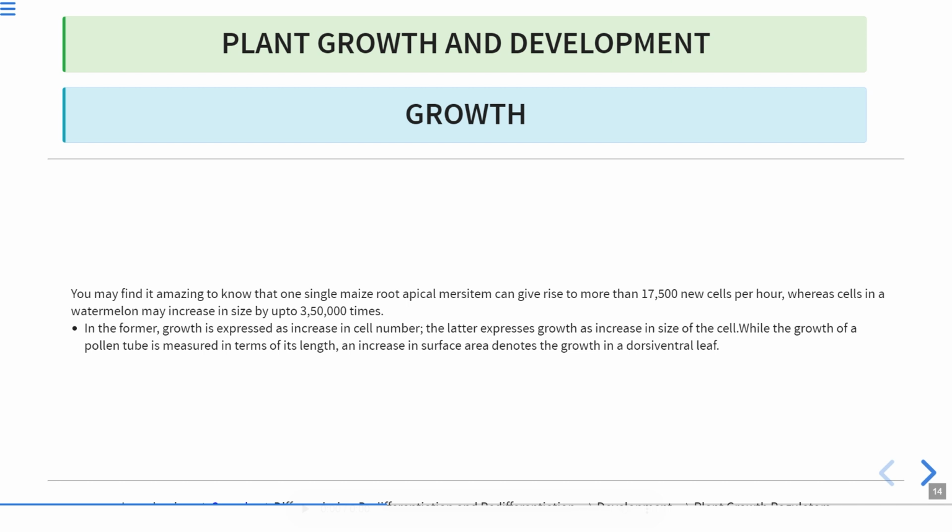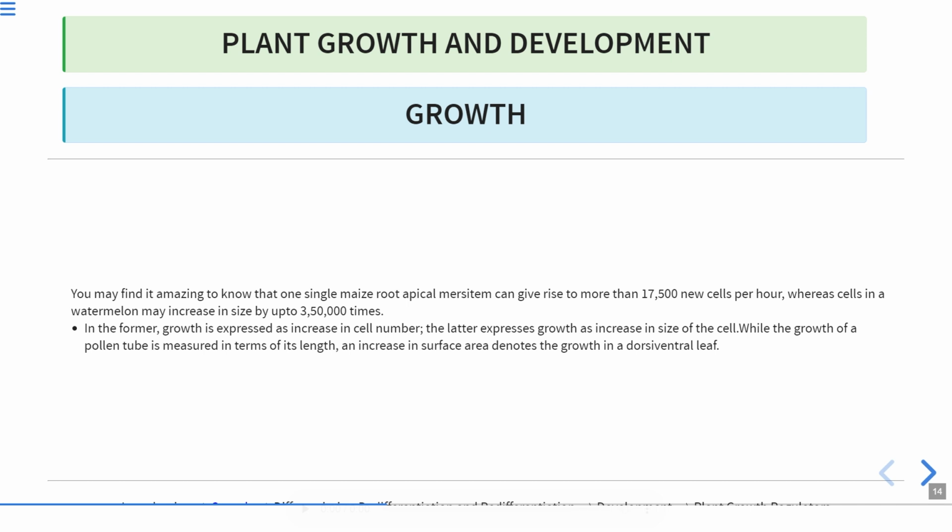Whereas the cells in a watermelon may increase in size by up to 350,000 times. Okay, the cells in a watermelon can increase in size. So how much is the size of the cell in the watermelon increasing? 350,000 times.